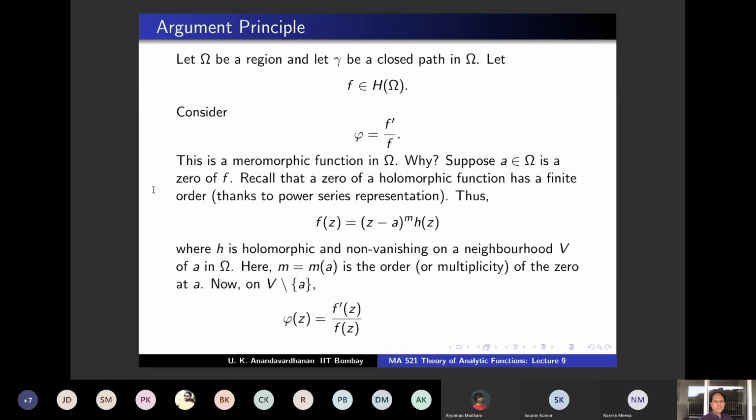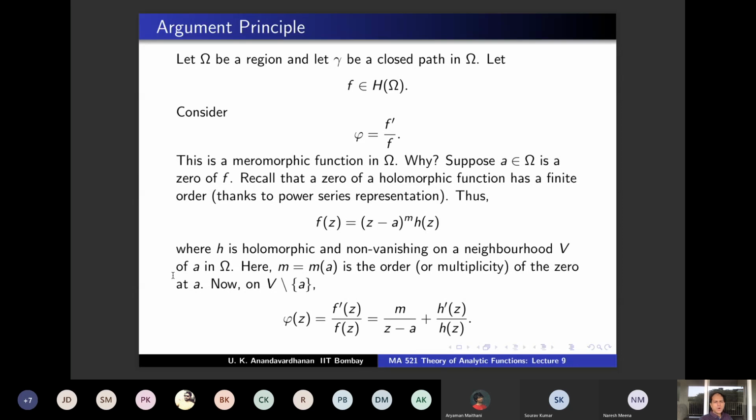It is f prime(z) by f(z), and f(z) is of this form. So you take f prime(z), right? F prime(z) is (z minus a) to the power m times h prime(z) plus h(z) times m (z minus a) to the power m minus 1. Divide by f(z). So what will you get? Quick check. You will get f prime by f equal to m by (z minus a) plus h prime(z) by h(z).